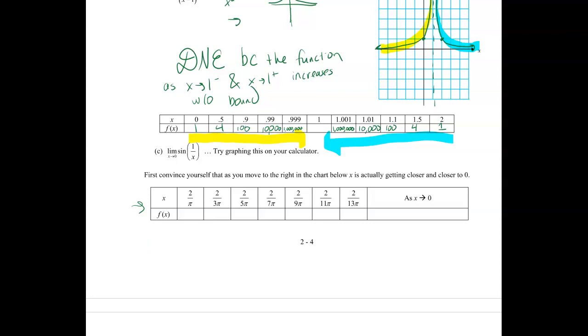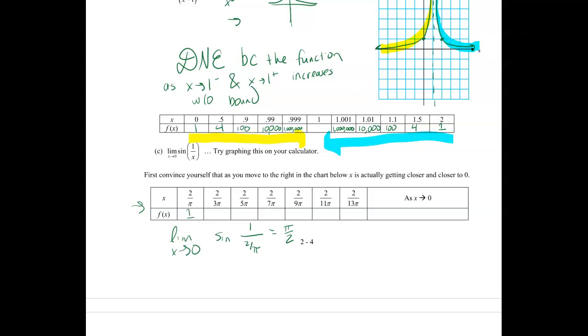Now I get to go and type these into my function. Technically what I have on this first one, for example, is the limit as x approaches 0 of sine of 1 over (2 divided by pi). Copy dot flip, or keep change flip, would put me at pi over 2. We know what sine of pi over 2 is, and that's just 1.